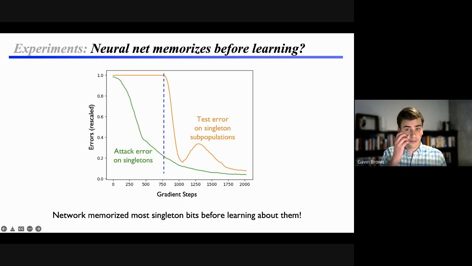So for instance, after 750 gradient steps at this blue line, the algorithm has memorized almost all of the bits in the singleton examples and will gladly spit it back out to an adversary. But the network doesn't know how to use the information that it's memorized. It still has 0 accuracy on these singleton subpopulations. As a little empirical oddity, I find it quite interesting.